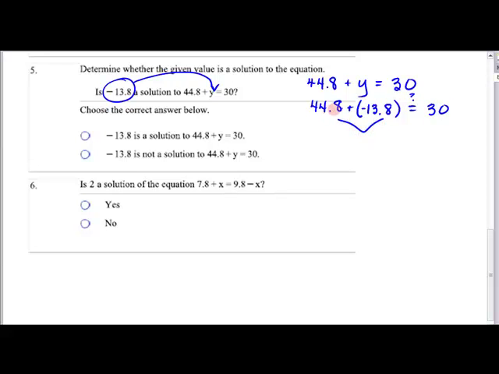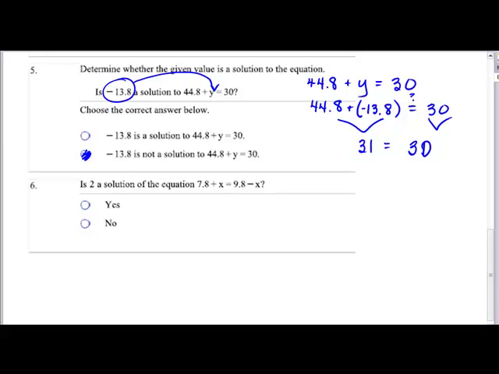On the left, I have a negative and a positive, so I'm going to subtract. So if I have 44.8 and I subtract 13.8 from it, I get 31, and is that the same as 30 from over here? And the answer is no. Okay, not a solution again.